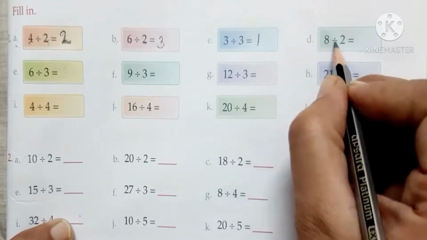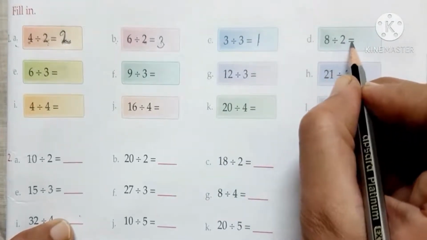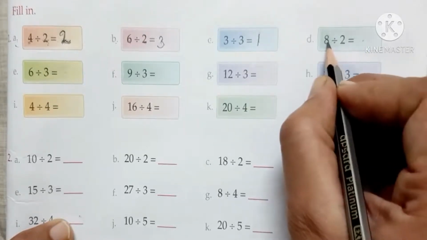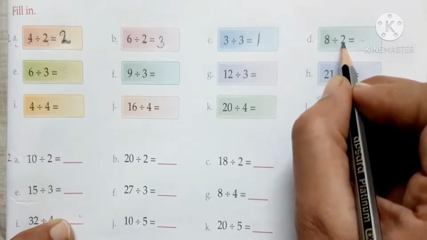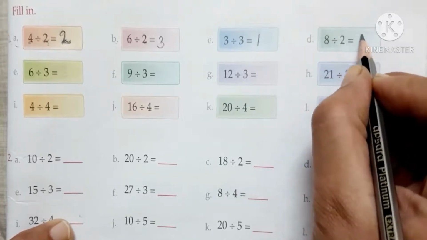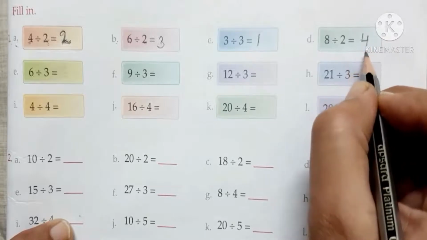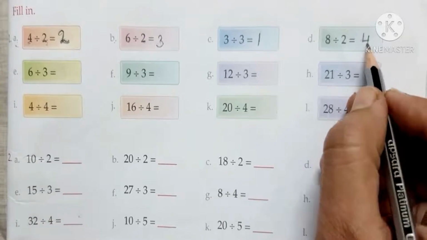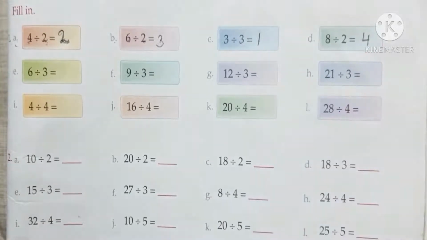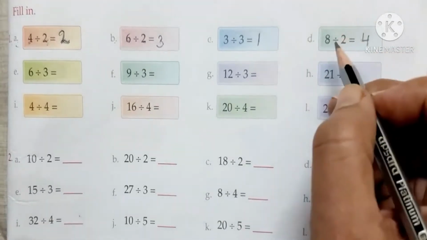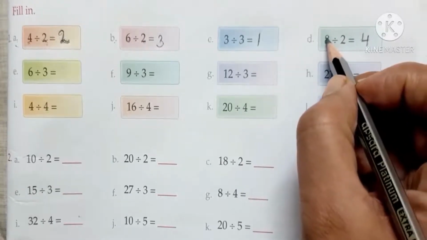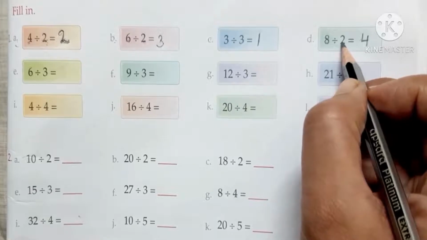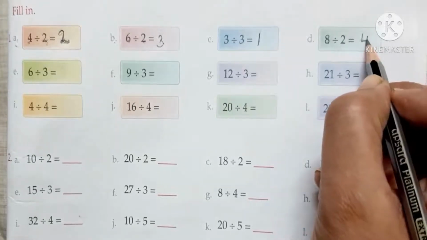D. 8 divided by 2. 2 1 is 2, 2 2s are 4, 2 3s are 6, 2 4s are 8. So write here 4. 4 is quotient. So answer is also 4. In division, 8 is called dividend, 2 is called divisor, and answer is called quotient.